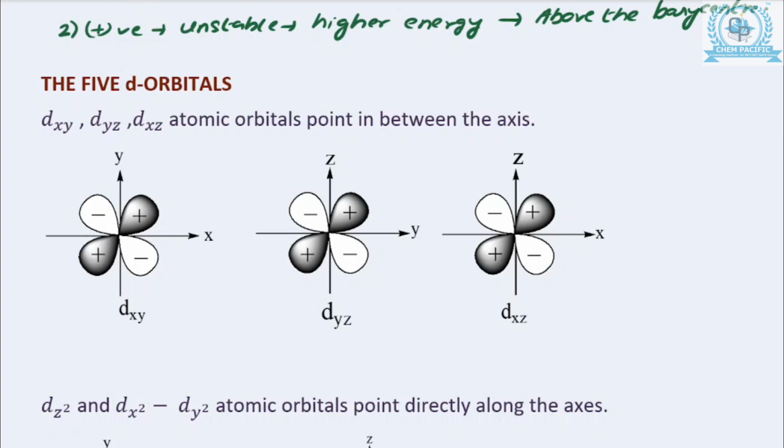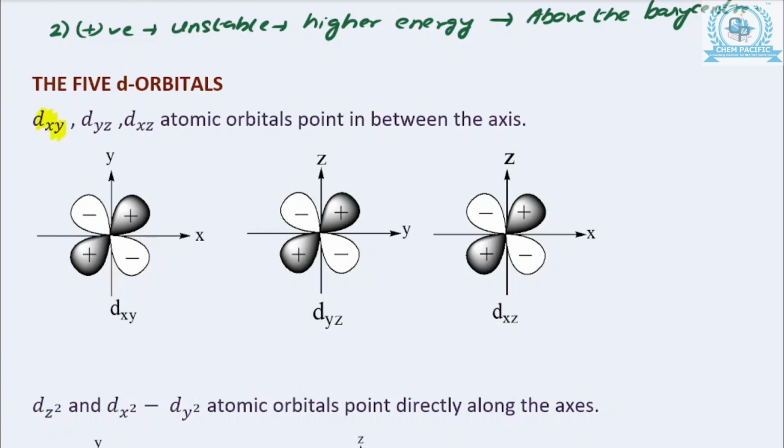Since it is d, it consists of 5 degenerate orbitals. Out of these, 3 are in between the axes and 2 are along the axes. The orbitals dxy, dyz and dzx are the atomic orbitals which lie in between the axes.